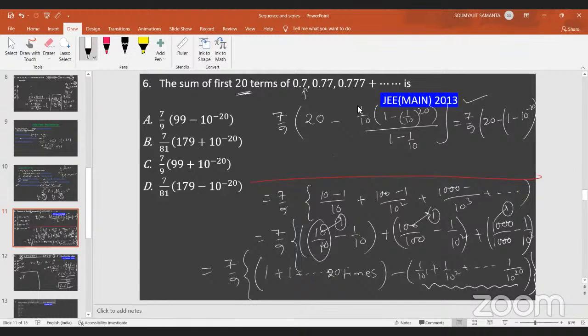So what is the result? And obviously divided by 9 will be there. So 7 by 9 into, simplify and tell me the answer. What will be the answer?